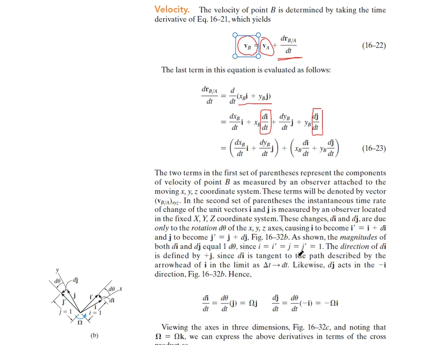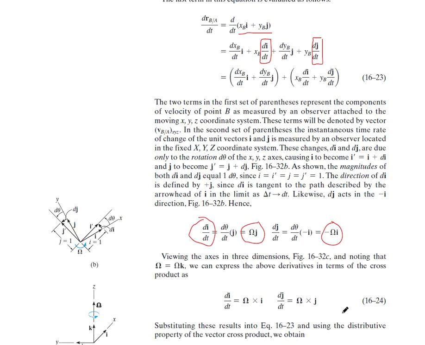And here in this chapter we see the same thing. So the time derivative of i with respect to t is going to be omega times j, and the time derivative of j with respect to t is negative omega times i. These could also be written as cross products.